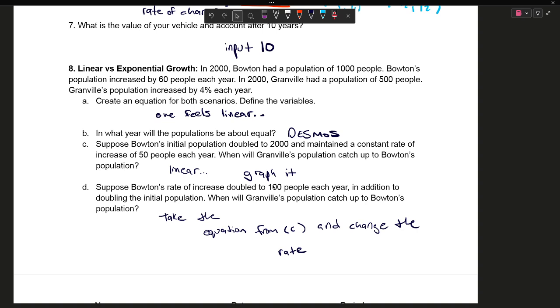Then it's saying suppose Boughton's initial population doubles to 2,000 and maintains a constant rate of 50 people a year. Take your initial value, then take your rate. So now your new initial value is 2,000. And yeah, from there, you create a function.